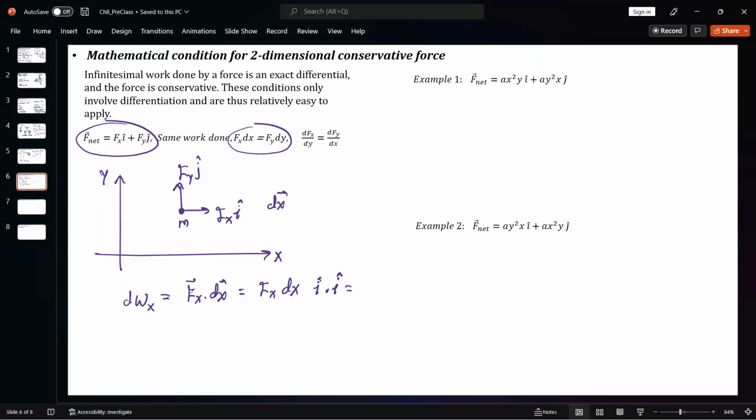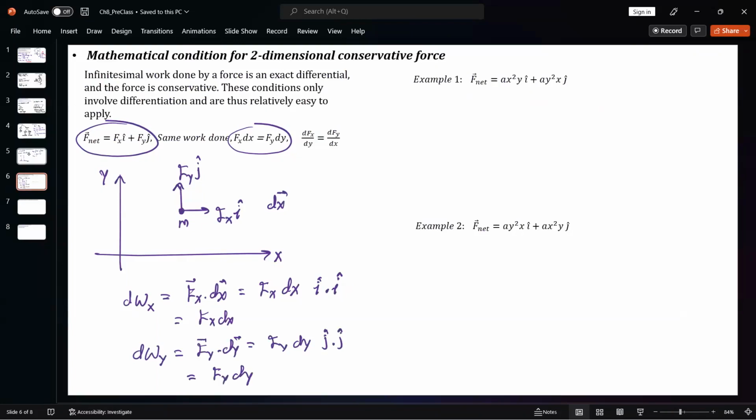So that is the small work done in the x-axis direction if I move the object a very, very tiny amount. Similarly, I can calculate a small work done along the y-axis. That's going to be fy dy, right? Again fy magnitude times dy magnitude, j dot j is 1. This is just fy dy.